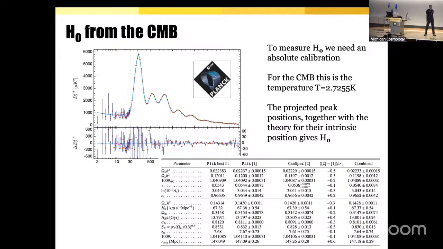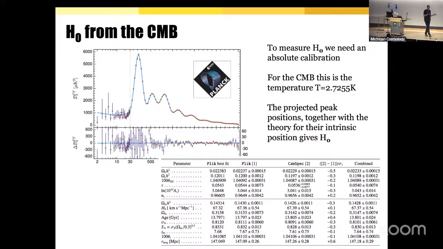If you want to measure the Hubble parameter from the CMB, you also need an absolute measurement. And the absolute measurement from the cosmic microwave background is its temperature. Because the CMB is a black body spectrum, from the temperature you go to a photon density.